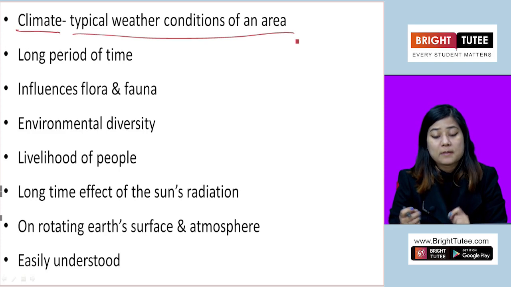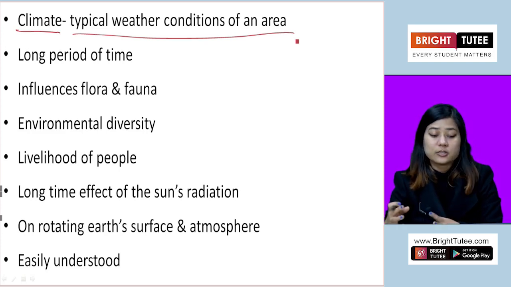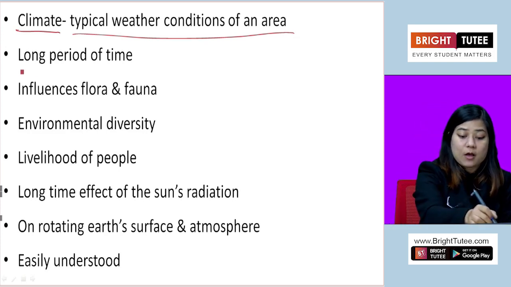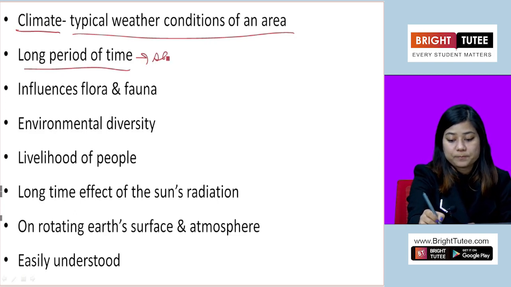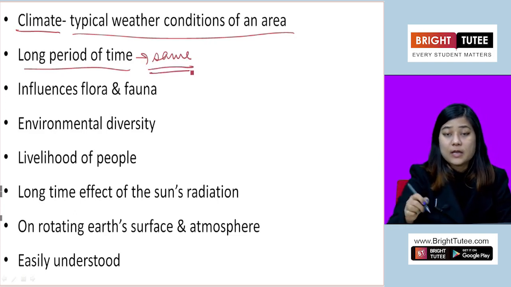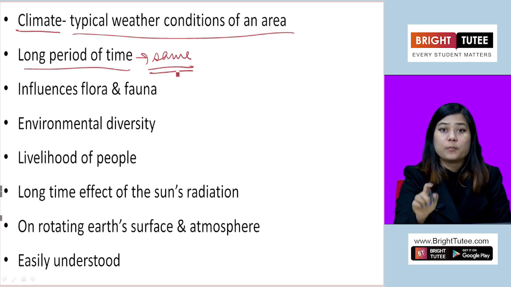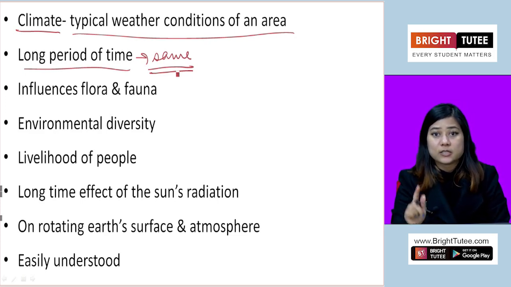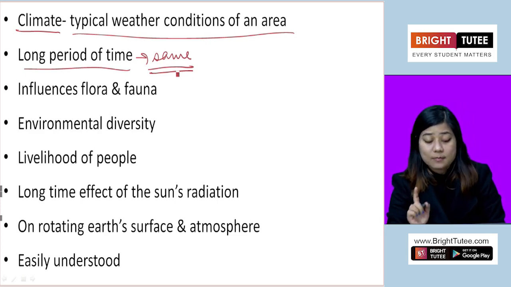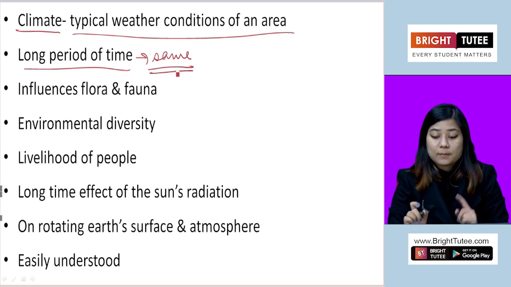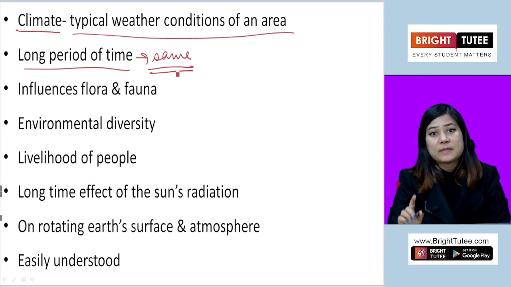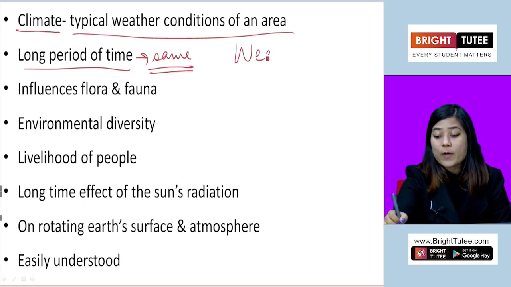But we must remember that the weather condition remains the same for a long period of time. Here, I stress the point that climatic conditions have to remain the same for a long period of time. Because if it does not remain the same for a long period of time, then it is called weather.